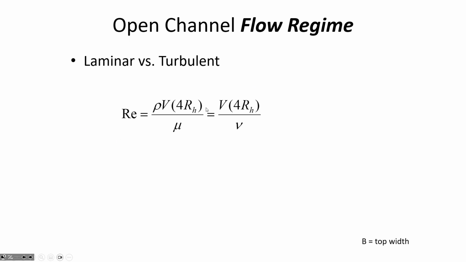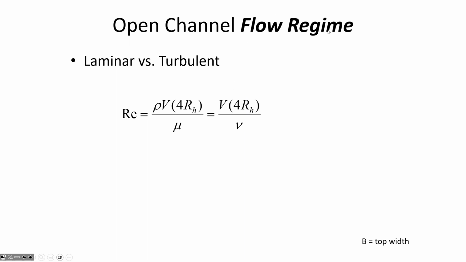Here's the Reynolds number in terms of absolute viscosity, and here's the Reynolds number in terms of kinematic viscosity. Instead of velocity times diameter divided by kinematic viscosity, for open channel flow we would calculate the Reynolds number by multiplying 4 times the hydraulic radius in place of what would normally be the diameter.